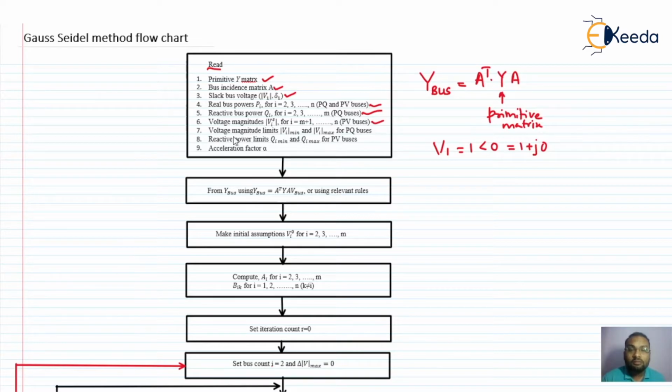Now, for the PQ bus, voltage constraints will be specified.